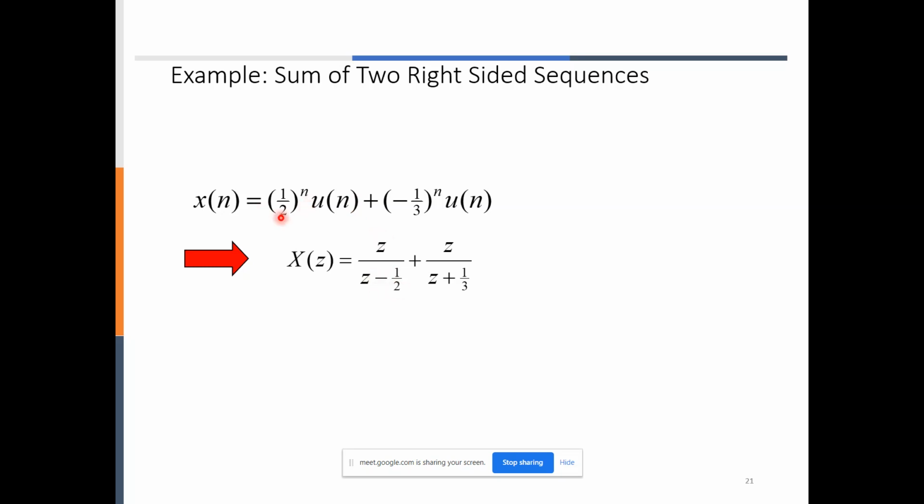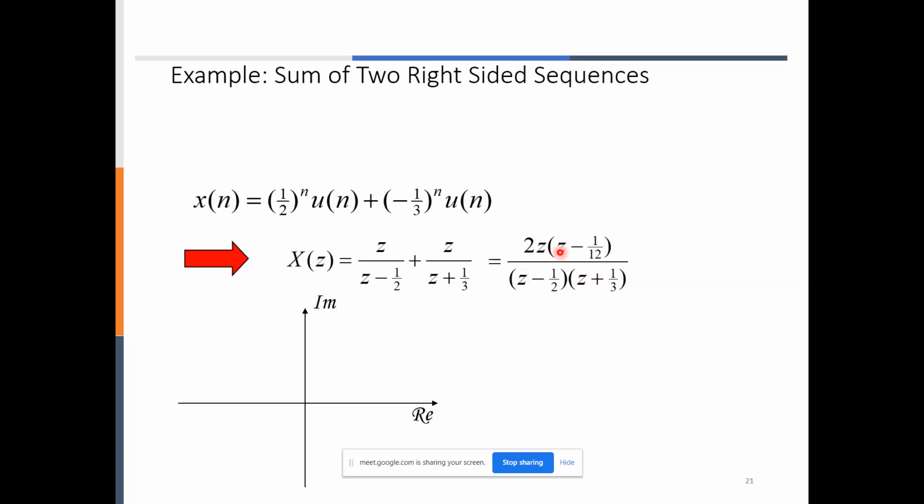A is 1/2, so it is z by z minus 1/2, plus this one, whose z-transform will be z by z plus 1/3. If we simplify this, we get the expression 2z times z minus 1/12, divided by z minus 1/2 times z plus 1/3. This is the simplification of this expression.